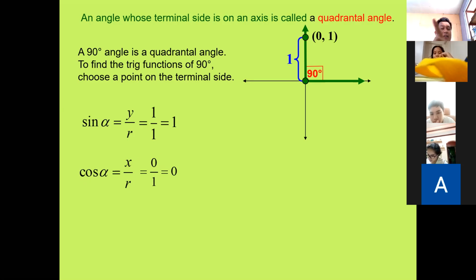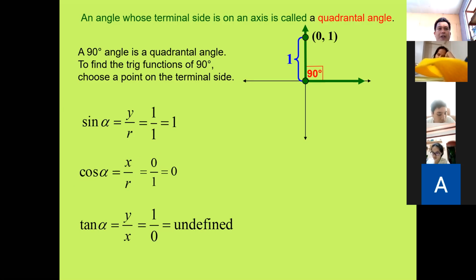But for tangent, look at tangent, class. What's the formula for tangent? y over x. Your y is 1 and your x is 0, so 1 divided by 0 is undefined. For cosecant, no problem because 1 over 1 is still 1.